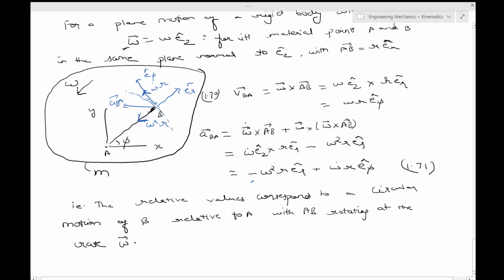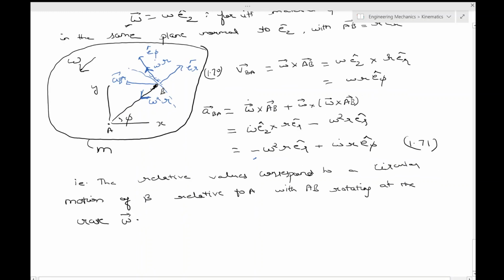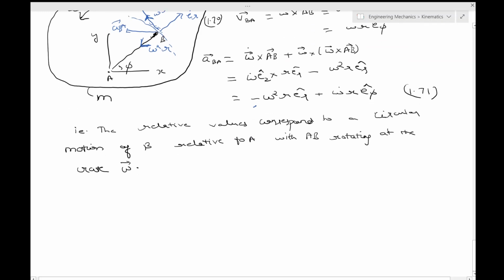So we want to now move to the so-called instantaneous axis of rotation. Let's see how it goes.